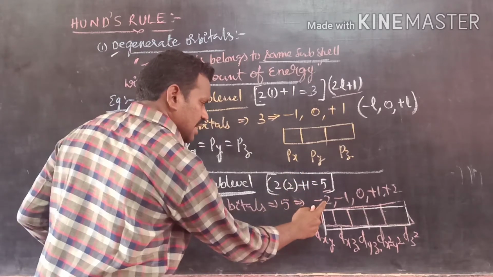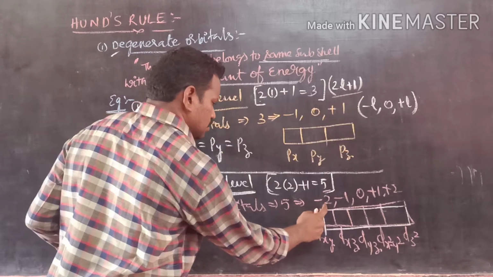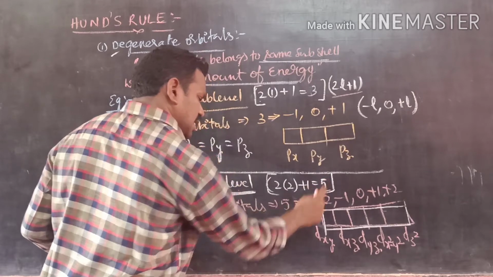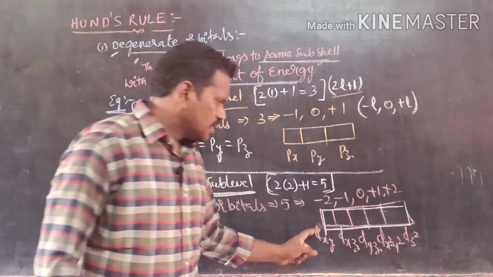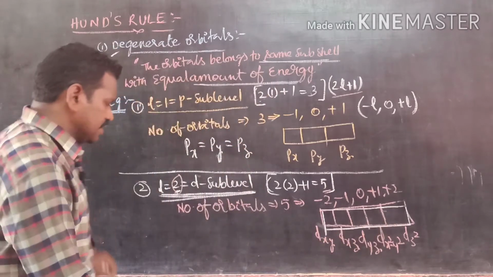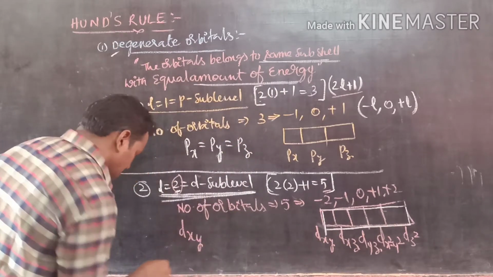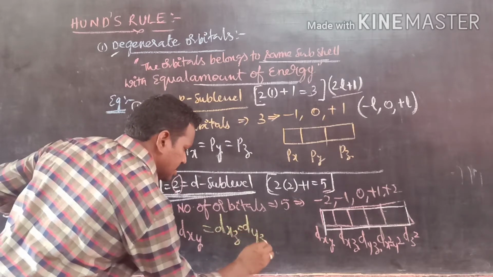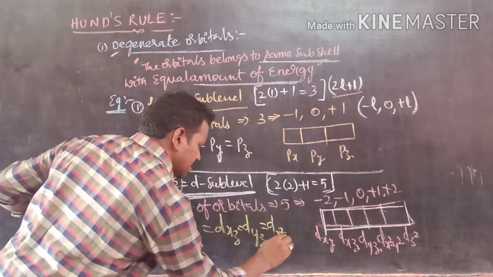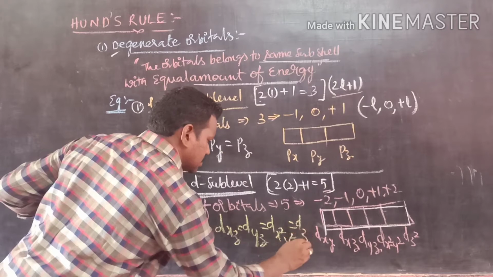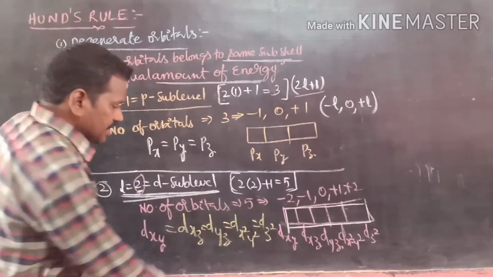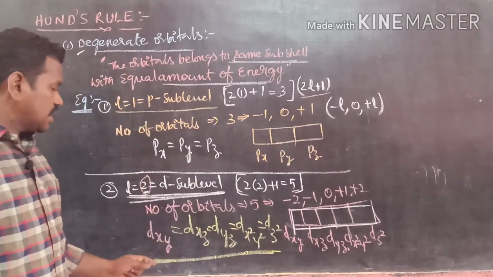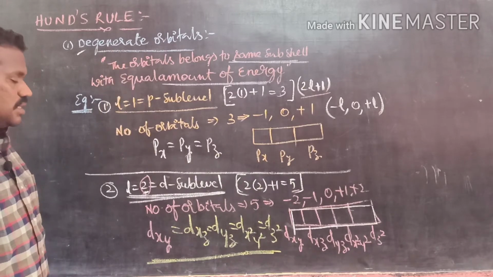Those 5 magnetic quantum number values are -2, -1, 0, +1, +2. These 5 orbitals are represented as dxy equals dxz equals dyz equals dx²-y² equals dz². This means the energy of these 5 orbitals is the same. Those orbitals are said to be degenerate orbitals.